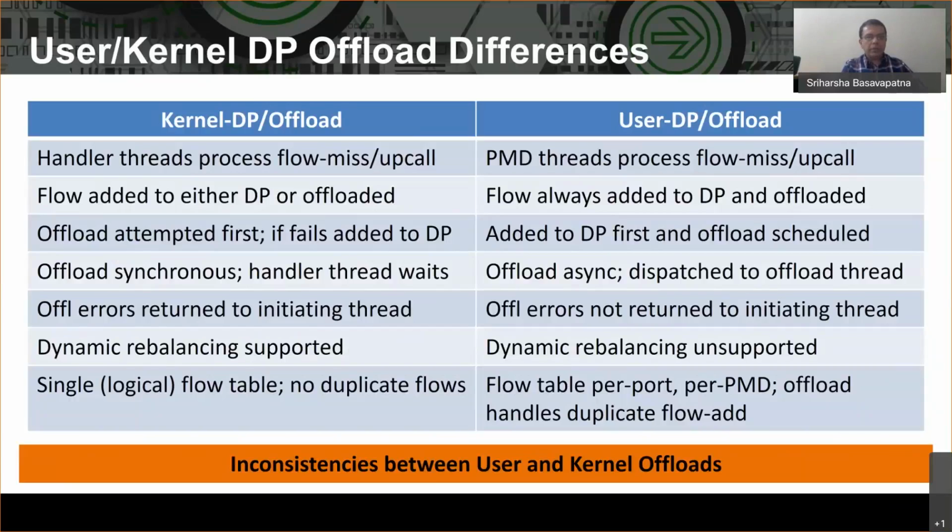There's a single flow table, at least in the case of the kernel data path, with no issues of duplicate flows. Whereas in user mode, the flow table is actually per port and per PMD. Each PMD has its own flow tables in the data path. So the offload layer has to manage these duplicate flow adds.